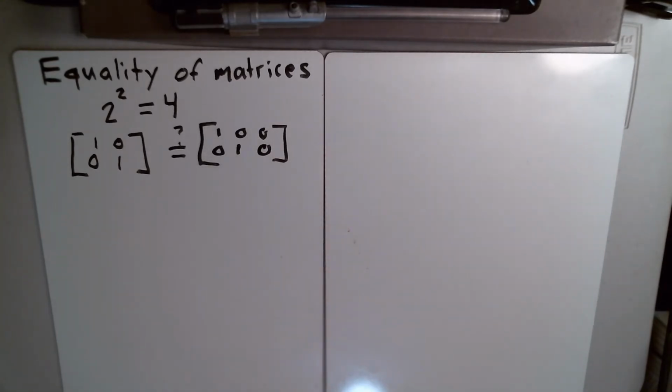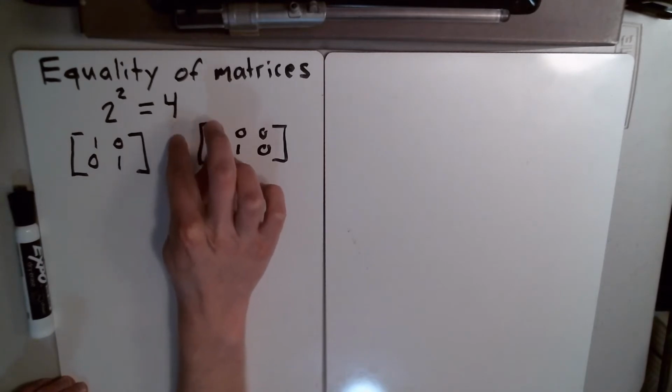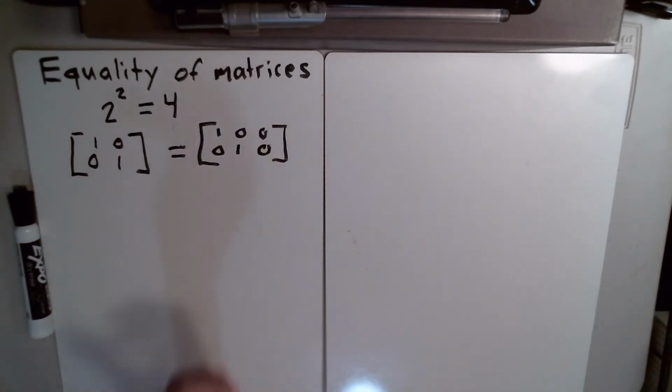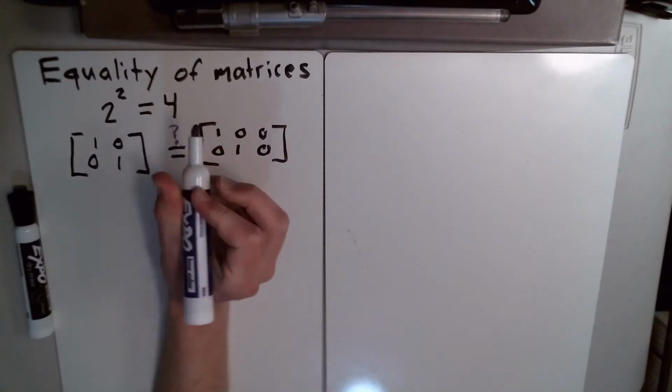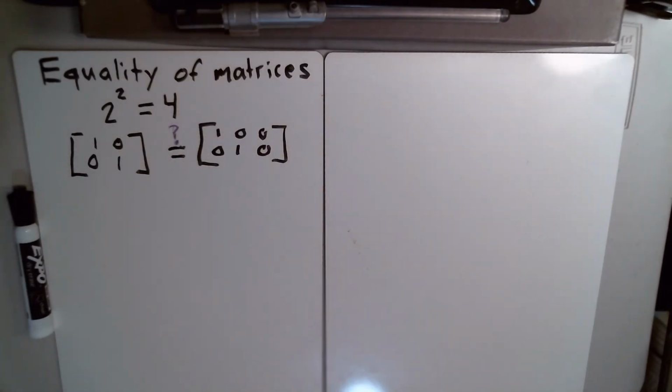Maybe let me use a different color on the top here. Now this equal sign isn't necessarily warranted. I'm just saying, should these two matrices be equal to each other?